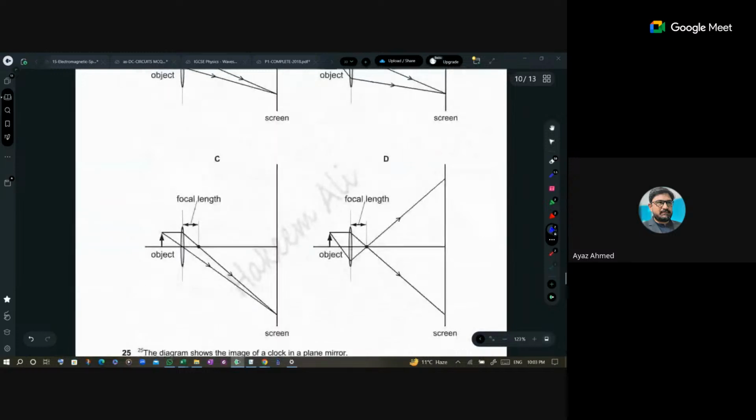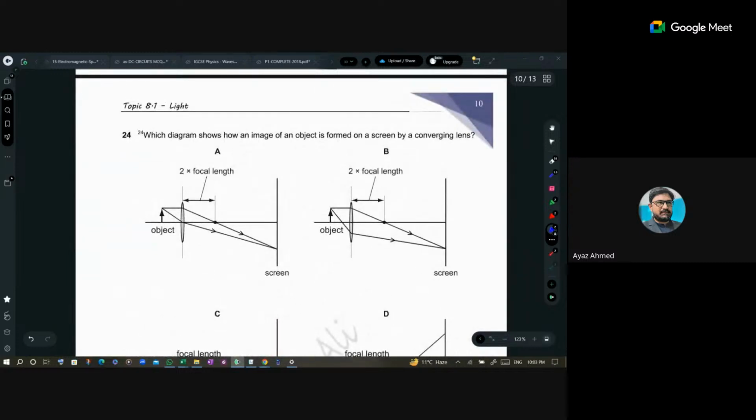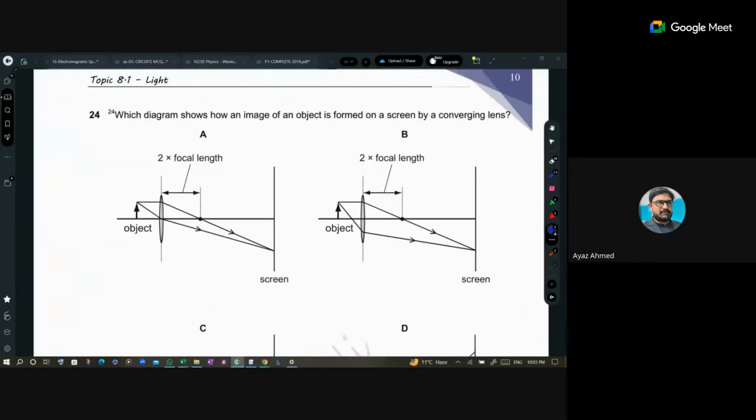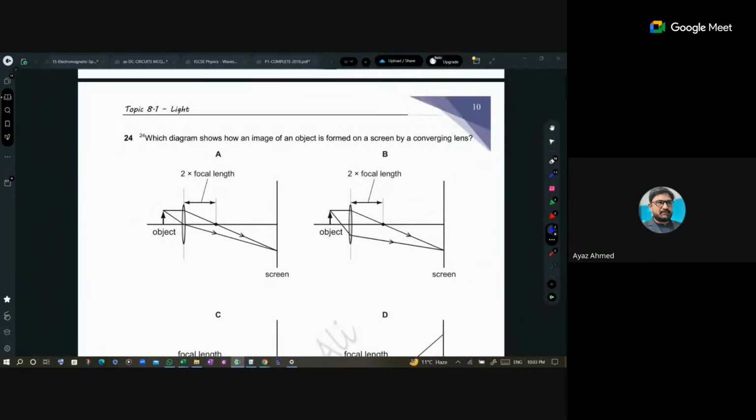So which diagram shows an image of an object formed on the screen by a converging lens? A converging lens can form a real and inverted image. Got it? Okay. So here, can you see which image is correct?